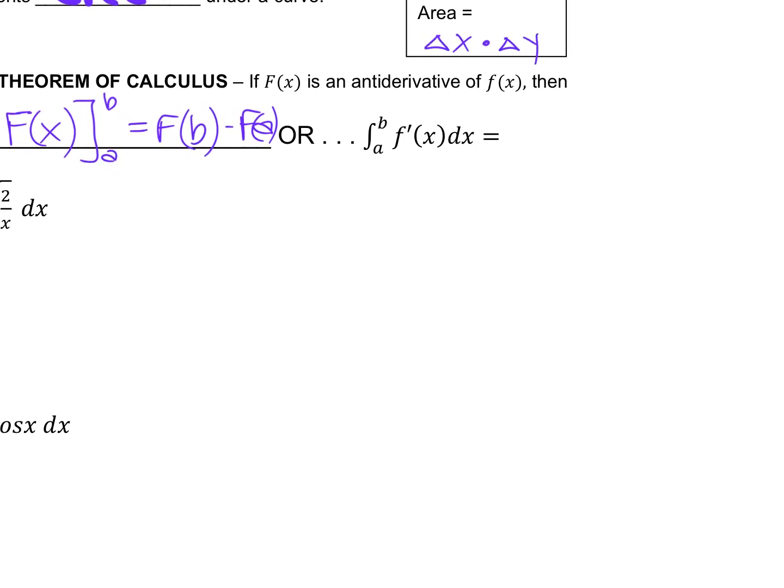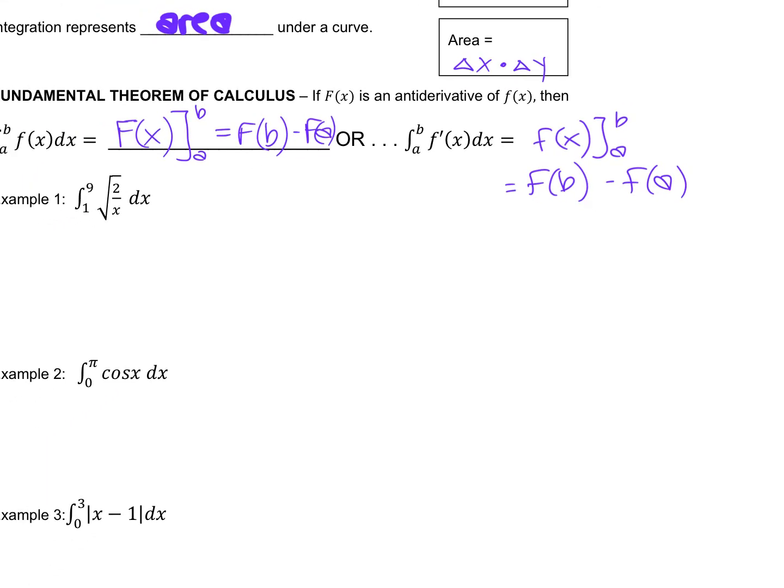Or if we use the notation we're more comfortable with, if we're given f prime, we integrate and we say, if I integrate and get back to my f of x, I can take my f of x and integrate from a to b, which is f of b minus f of a. Okay?